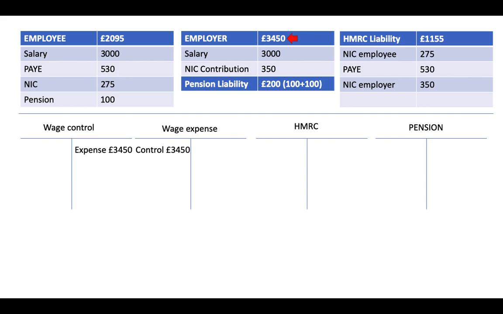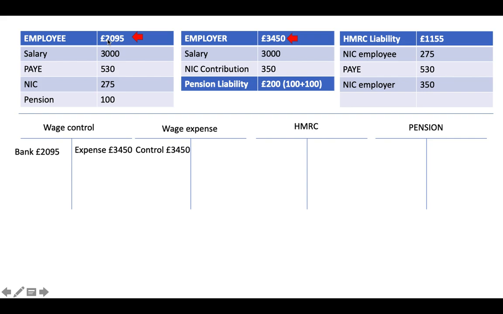Now, it is our objective of this process to remove this figure. We want to bring this figure down to 0 by adding in debits to the other side. That way we know that we've allocated all of our expenses. So, first things first, to try and lower this £3,450 in our wage control, from our bank account, we have paid our employee £2,095.